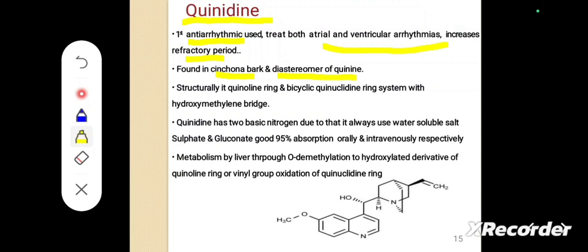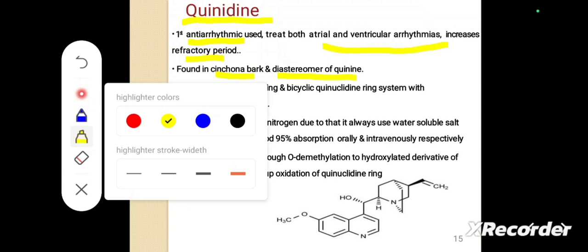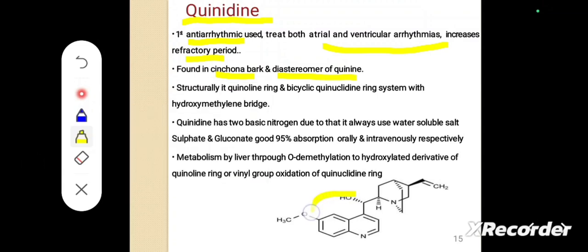If we look at the structure of quinidine, it has two types of ring, the quinoline ring and the bicyclic quinuclidine ring. Both rings are bridged or joined by a hydroxymethylene bridge.